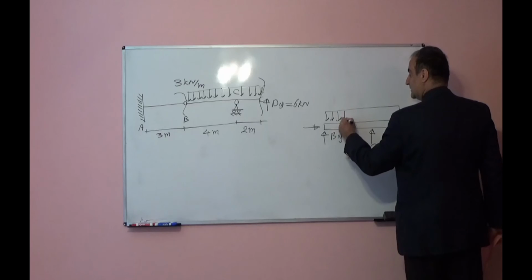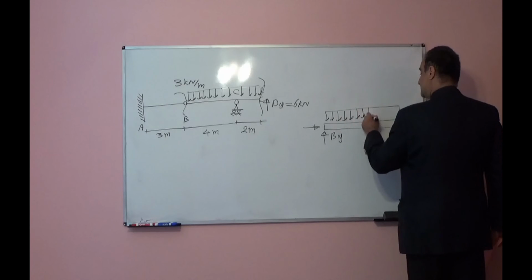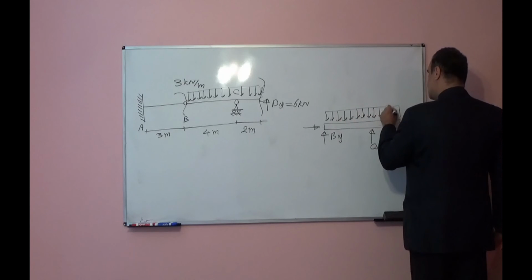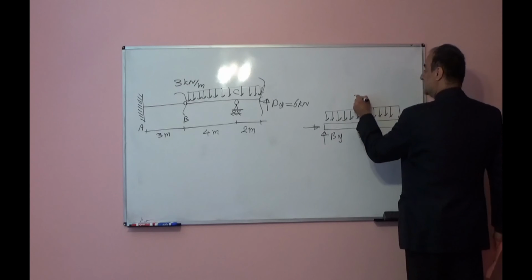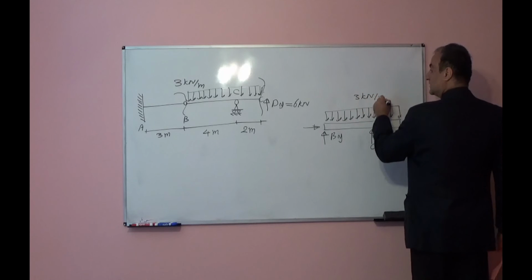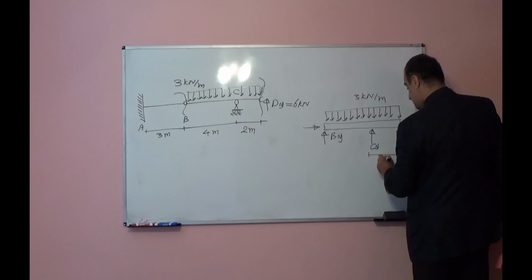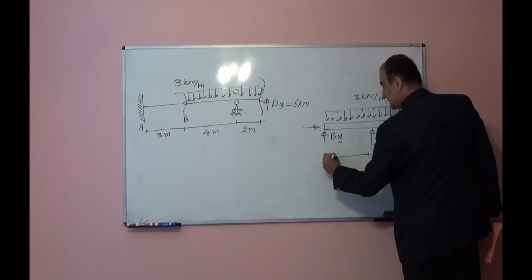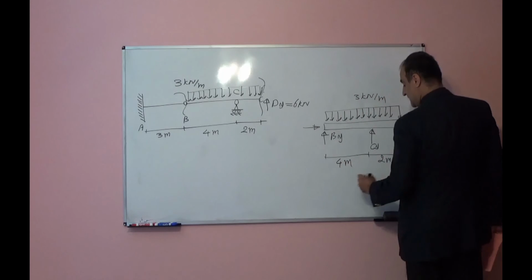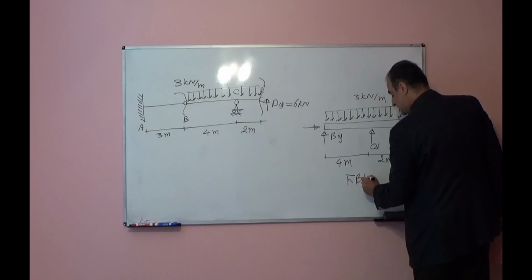And this is distributed external load. Intensity of the load, it is 3 kilonewton per meter. And from here to here it is 2 meter. This is 4 meter. Again, this is another free body diagram.